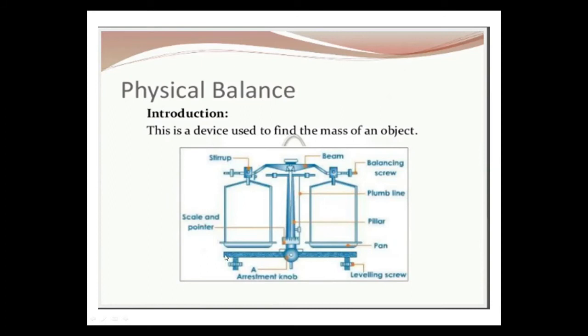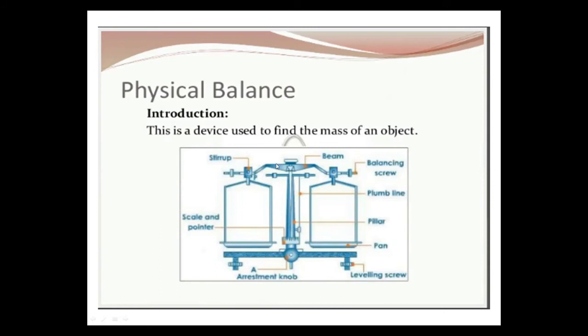If you observe the balance, there are two pans, left pan and right pan, and the middle part of the physical balance is called the pillar. One knob is joined with a thread. This is attached to the beam.